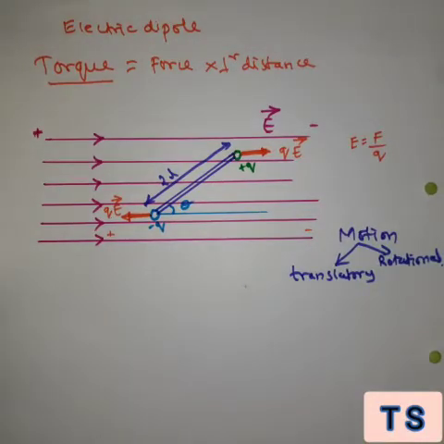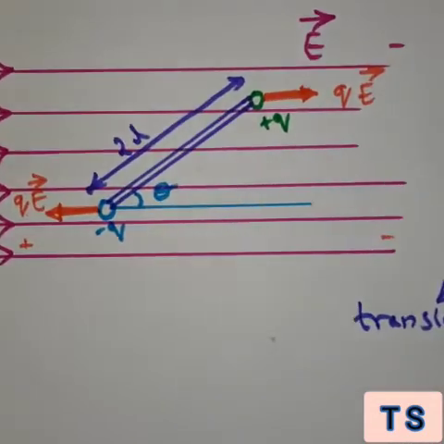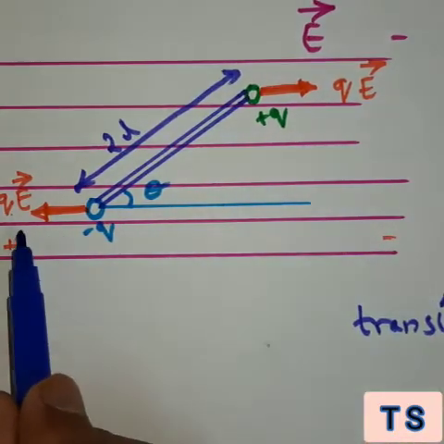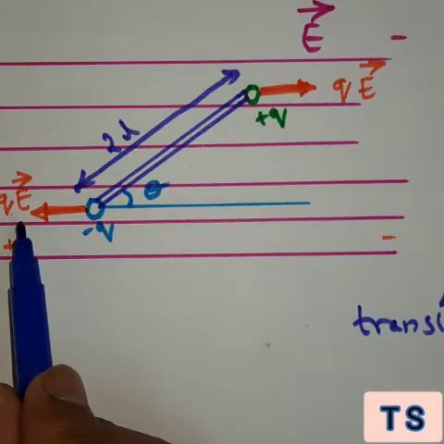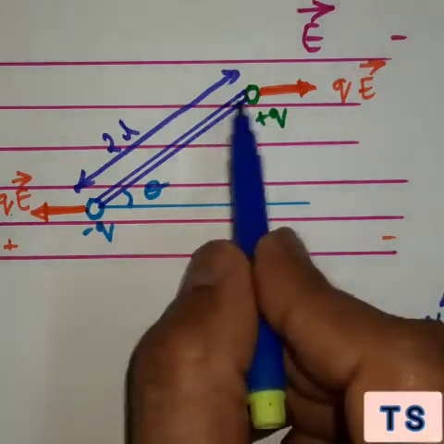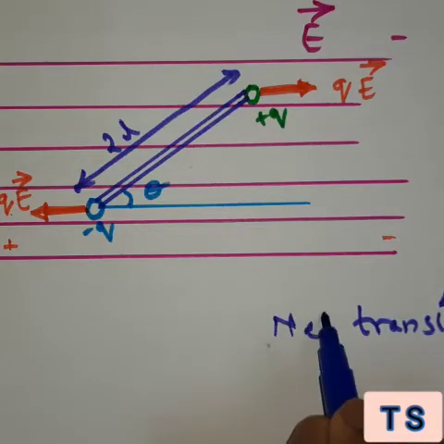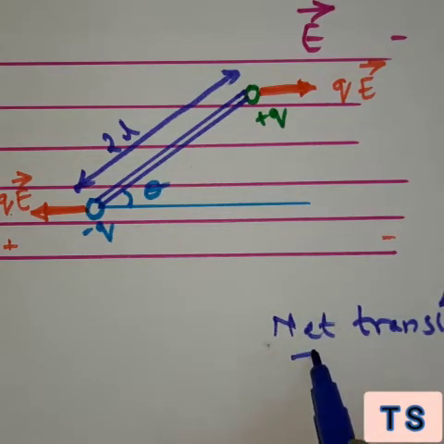Now, in this particular diagram, since these two forces qE bar and qE bar are equal in magnitude and opposite in direction, the net translatory motion of the body will be 0.